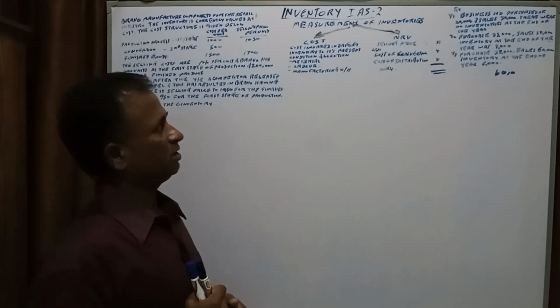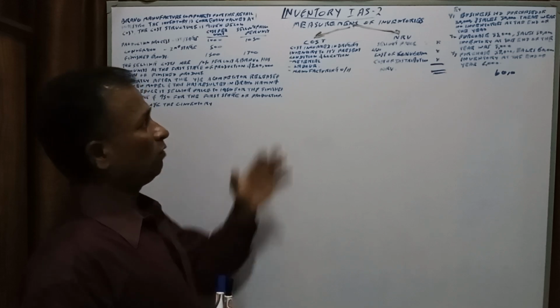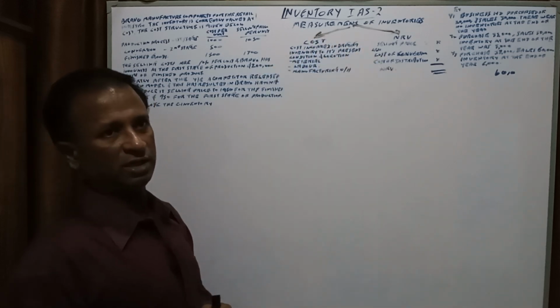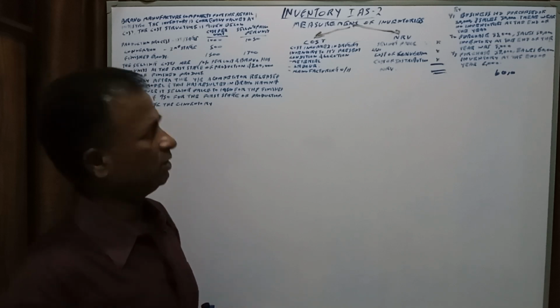International Accounting Standard number 2 says measurement of inventory should be the lower of cost or net realizable value, whichever is lower. You have to take it, right?